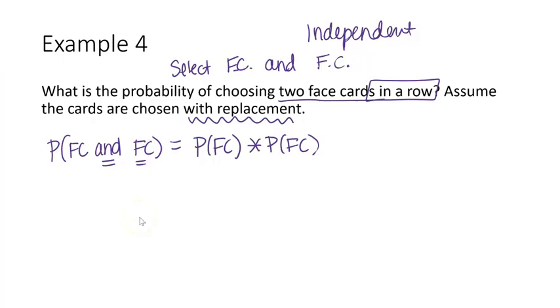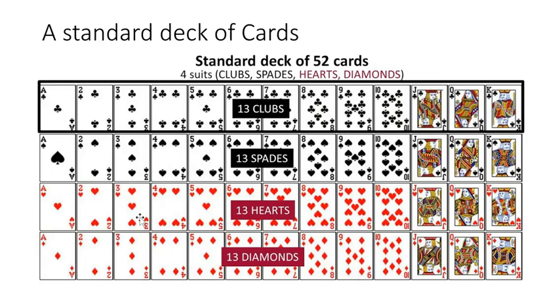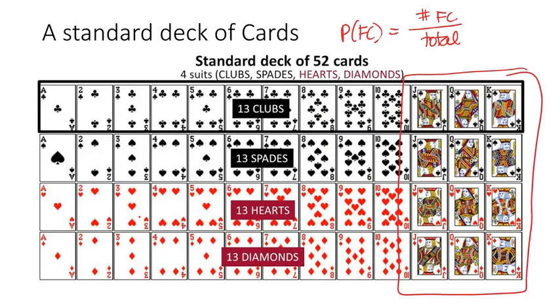So if I come back over here again to that deck of cards, if I'm looking for the probability of a face card, that's just the number of face cards out of my total. Friends, if you're not familiar with the deck, think face card, that's the ones with faces on it. There are 12 cards with a face out of 52.